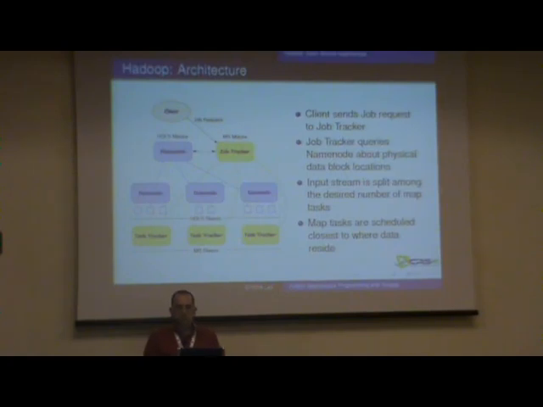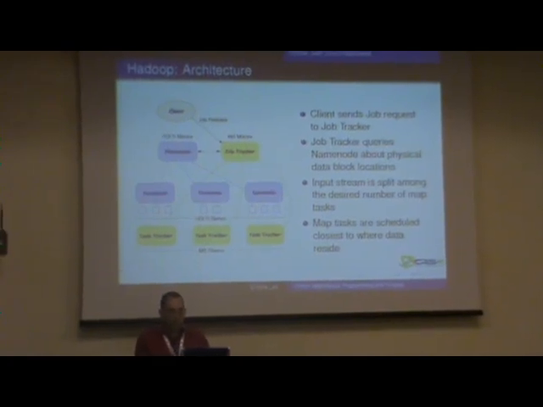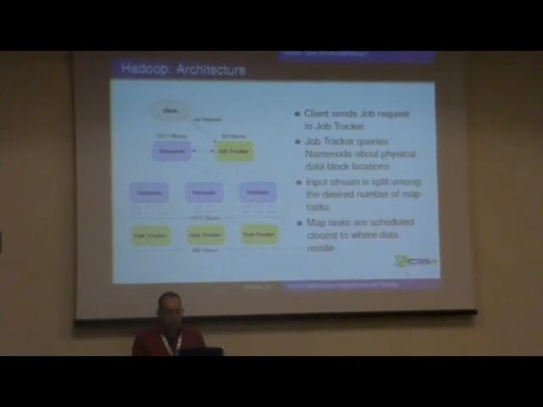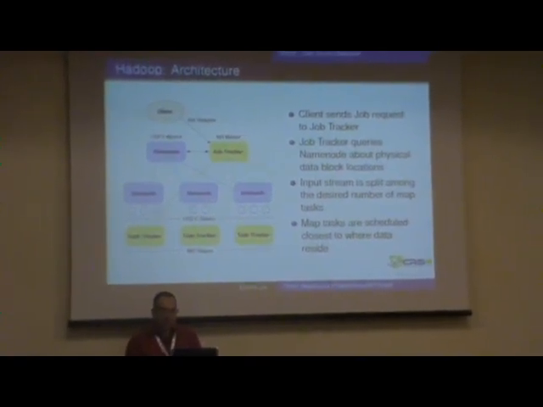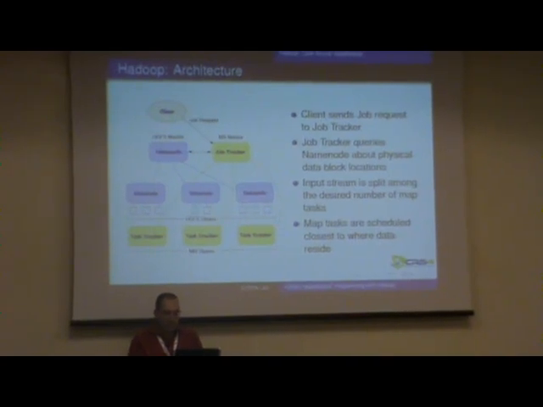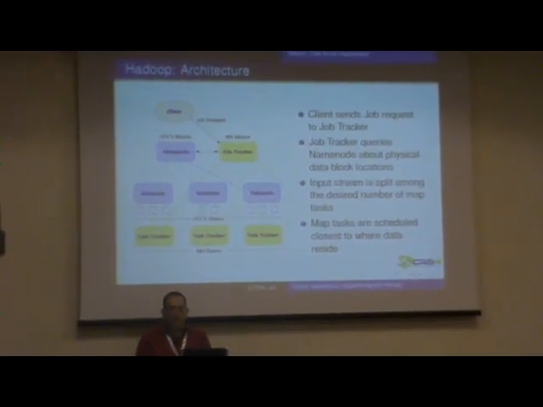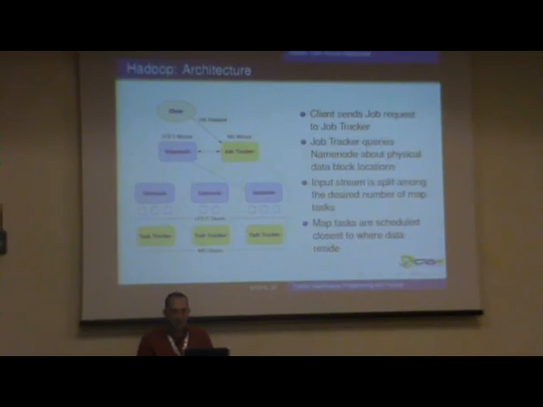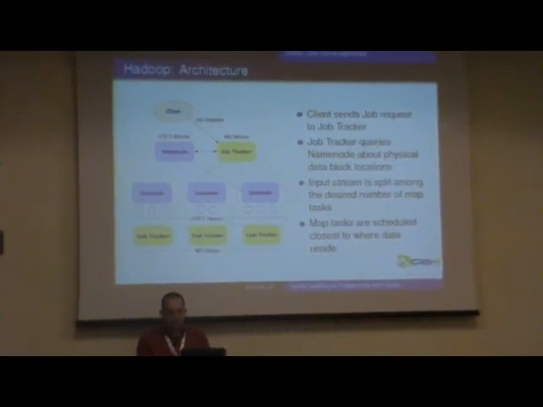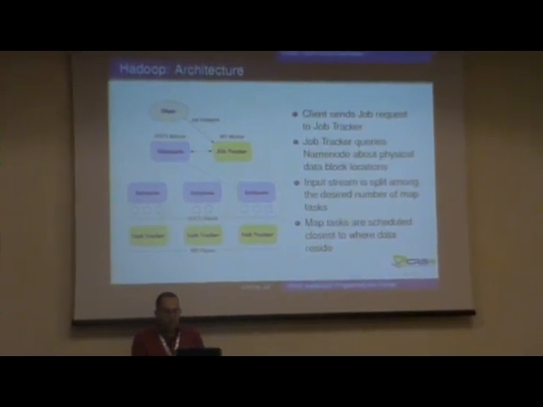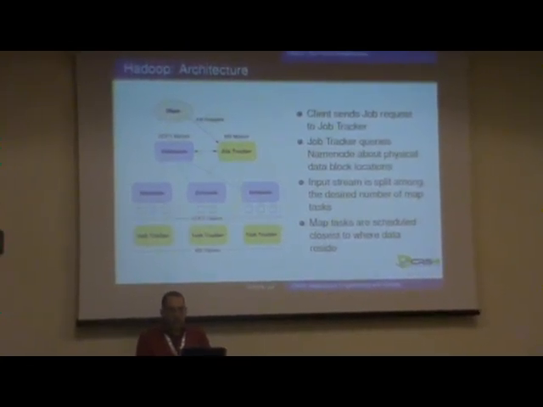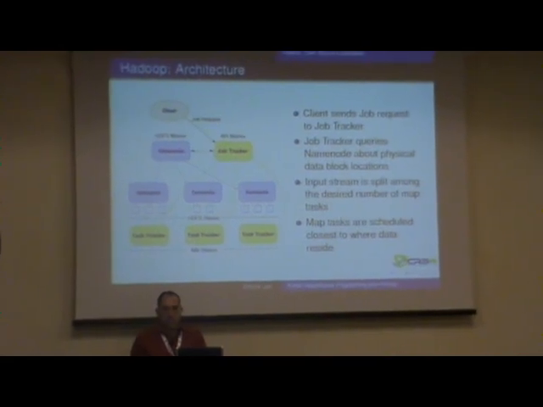So what happens when a client wants to submit a job to the framework? It issues a job request to the job tracker, and the job tracker communicates with the name node to get the hostnames of the data nodes where data blocks are actually stored. This is the most important feature in MapReduce's architecture, because in this way you can move computation to data instead of the other way around.